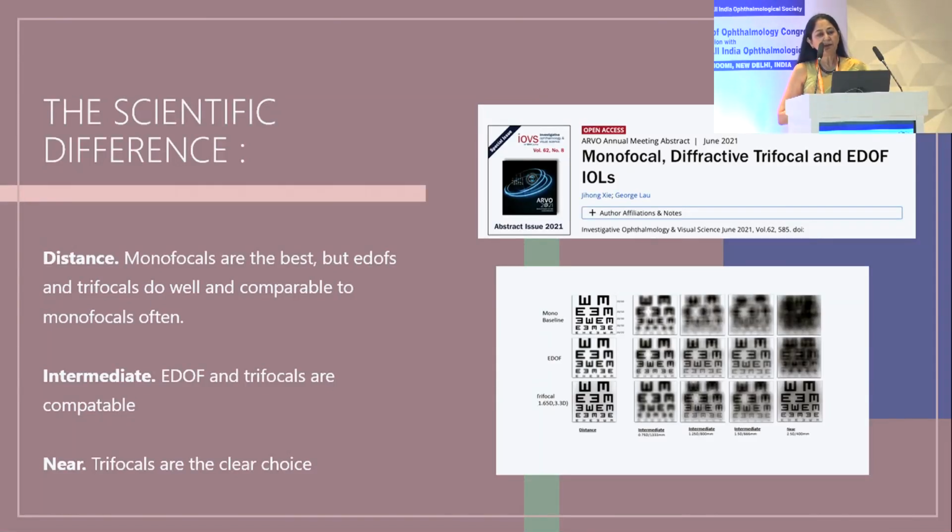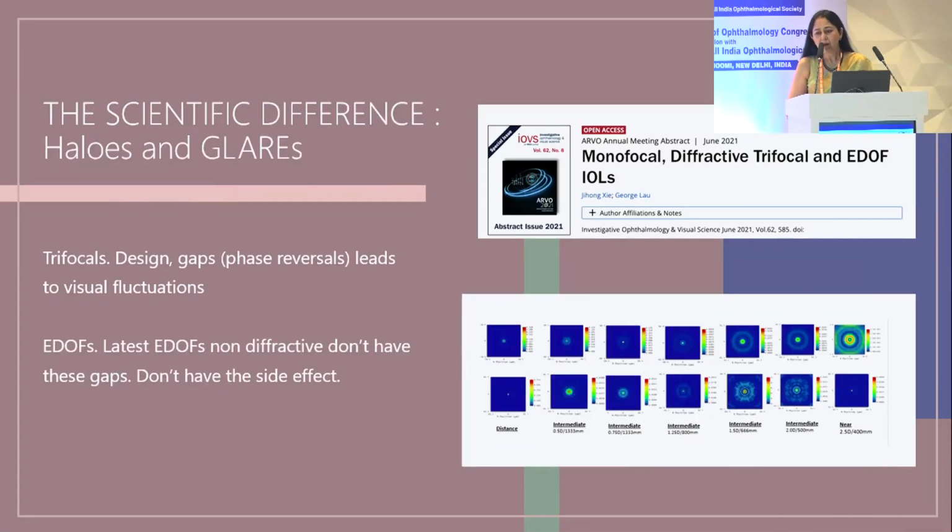For intermediate vision, the EDOFs and the trifocals are comparable. And when a patient really requires a lot of near vision, like sewing, needling and all those things, then trifocals are a clear choice. There are also differences in halos and glare, because the trifocals have a design with gaps, and these gaps cause different phase reversals, and this leads to visual fluctuation.